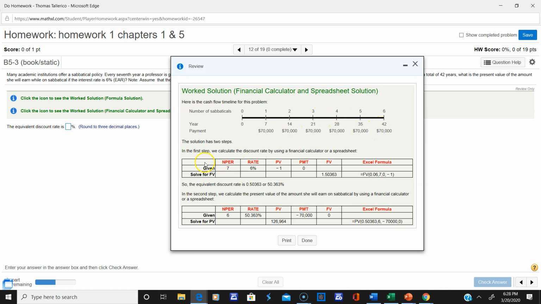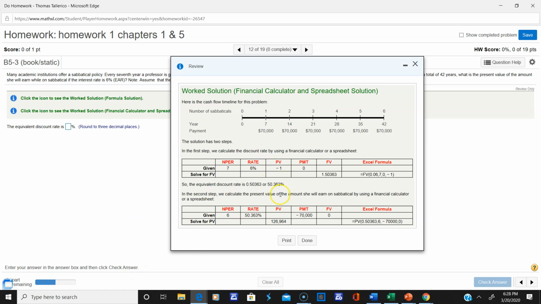At the end of the 7th year, at a rate of 6%, if you had $1 today, in the future you would accumulate $1.5363. This is telling you that you have an interest rate here of 50.363%, as you saw in equation 5.1.